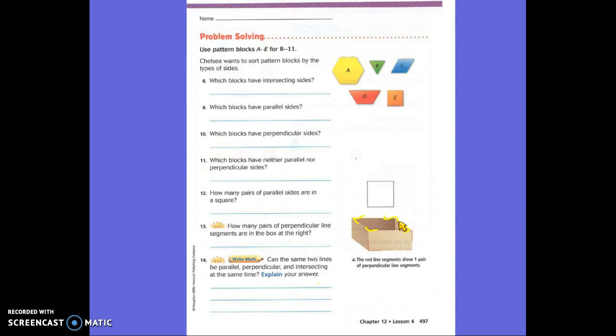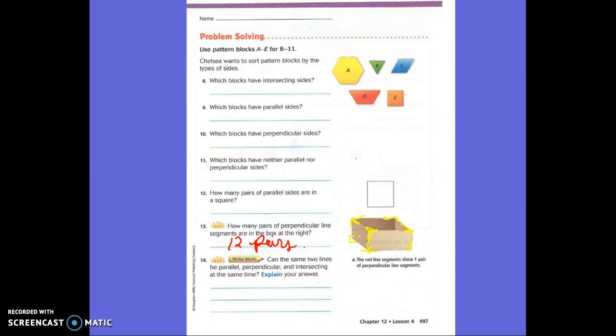And then if you're looking at the box from the side, you have 1, 2, 3, 4. And then if you're looking at this side, you have 1, 2, 3, 4, which would be 4 times, which would add up to how many? 12. They're not doing all the sides. They're just doing it. I guess. I don't know. I didn't find any other way to say it. So, how many pairs? 12 pairs.